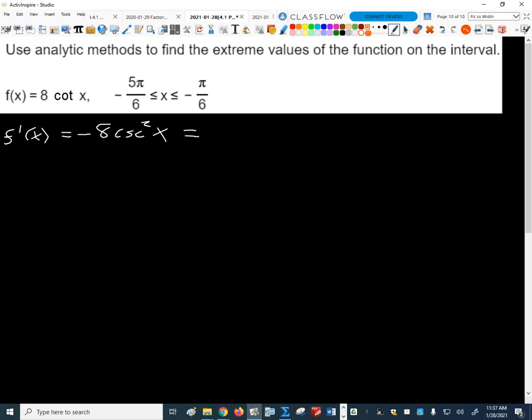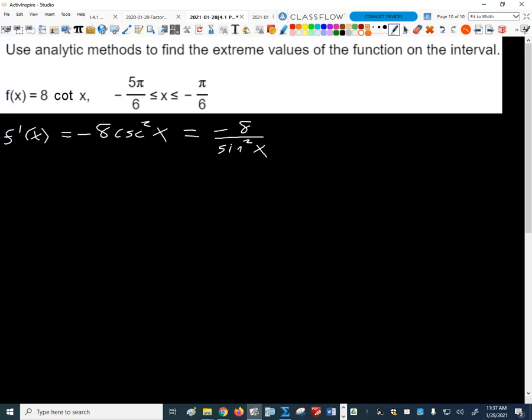Whenever you're dealing with cosecants and cotangents and all that stuff, it's pretty useful to just think about these in terms of sine and cosine, right? So this is going to give us -8 over, cosecant is the reciprocal of sine, so I'm going to get a sine squared x on the bottom. Okay, so there's our derivative function.